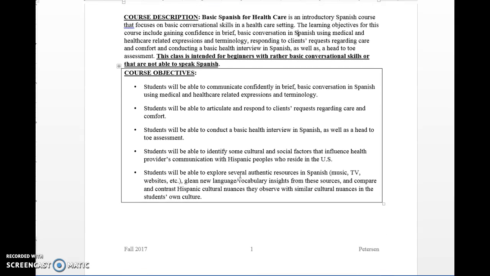The objectives: you're going to be able to communicate confidently in brief basic conversations in Spanish using medical and healthcare related expressions and terminologies, as well as articulate and respond to clients' requests regarding care and comfort. You'll be able to conduct a basic health interview in Spanish, as well as a head-to-toe assessment using the typical patient intake forms.